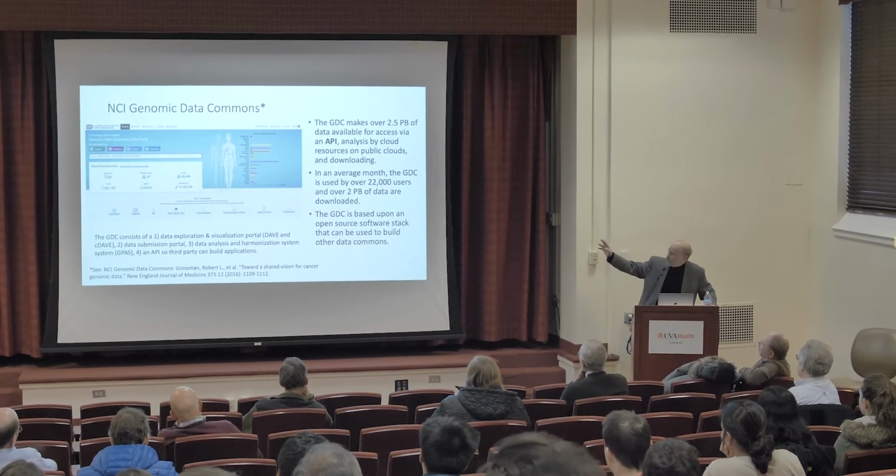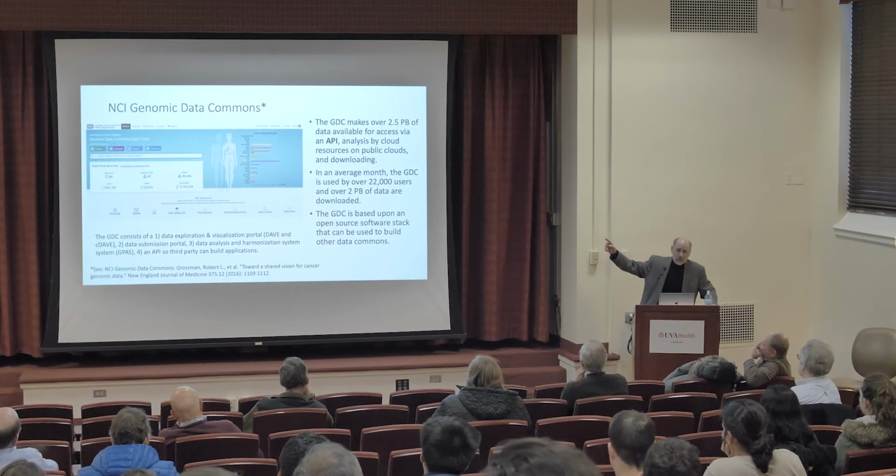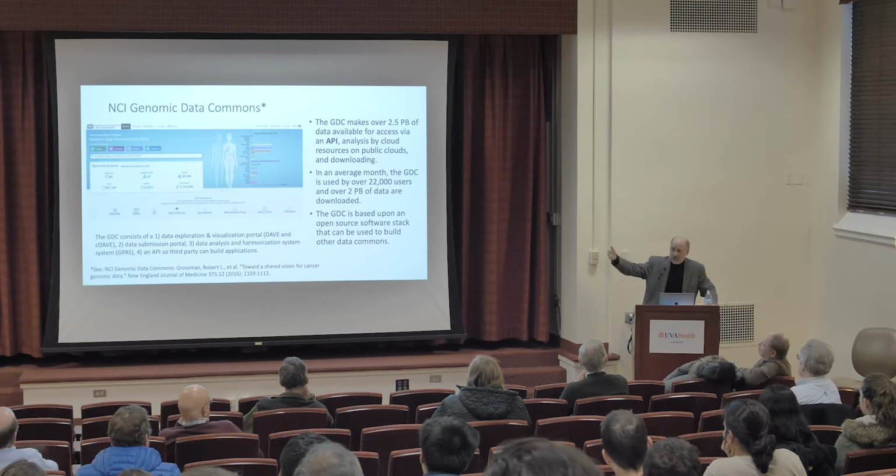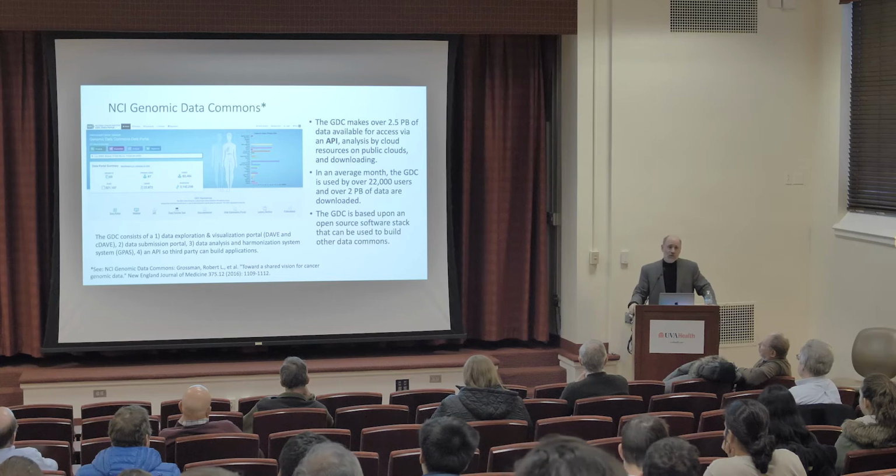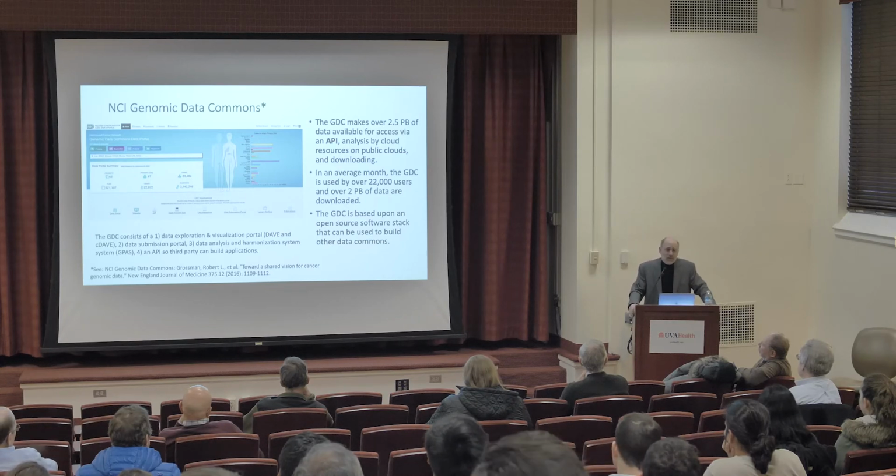So we have interactive ways to look at genomic data, to do all the standard publication quality plots, from Manhattan plots to OncoGrid to all of them. But we do that over an open API. So, anyone can use that open API to look at the data.